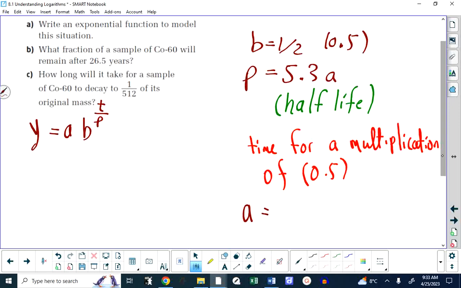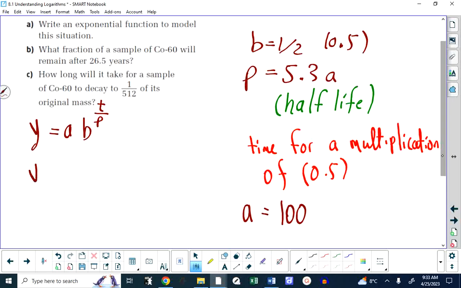So what you could do is say that we're going to start off with 100% of it, and then figure out what 1/512th of 100% is. You can pick any number you want here. So I'm going to say A is 100%.